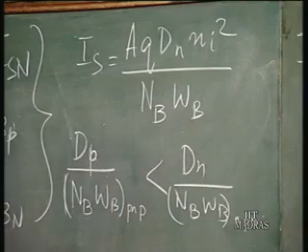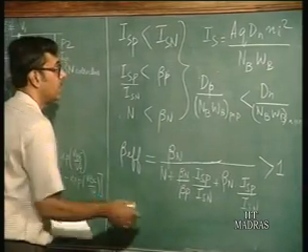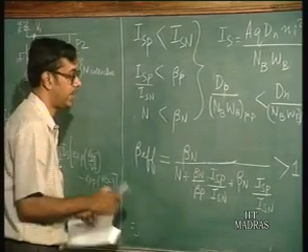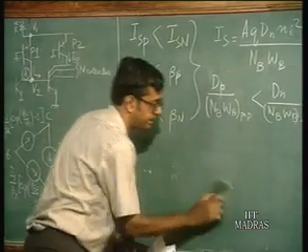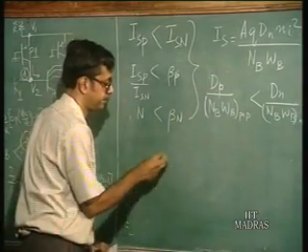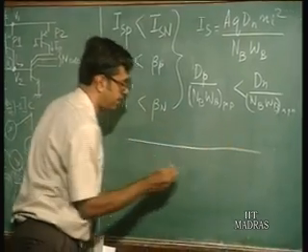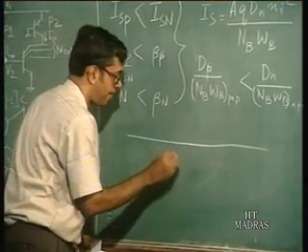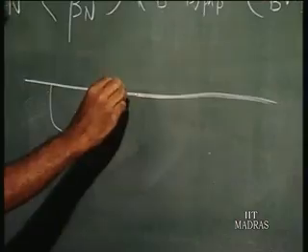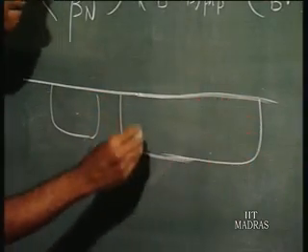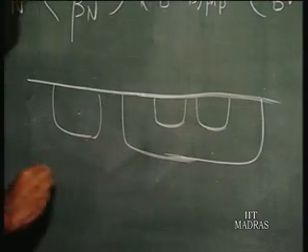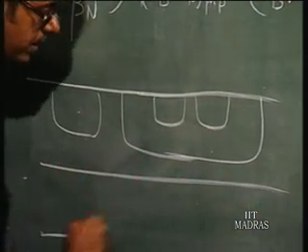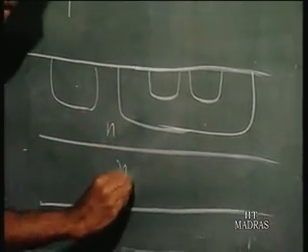Okay. Now, if you look back at the I squared L cell configuration, I will just draw it again. So, you have these are the different collectors. This is the N on N plus wafer. Okay.